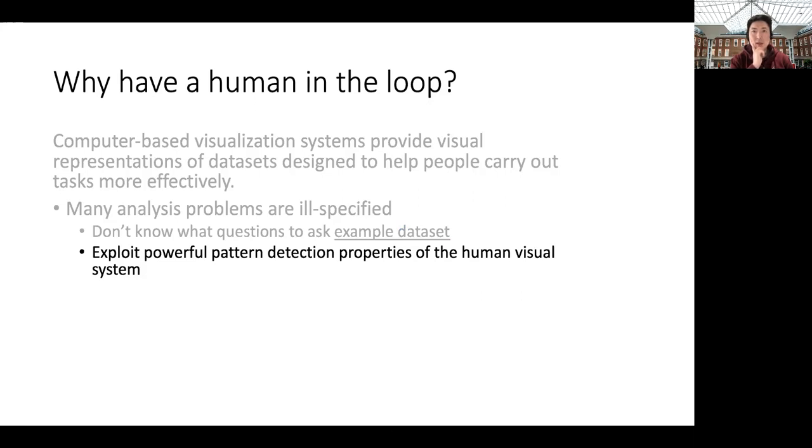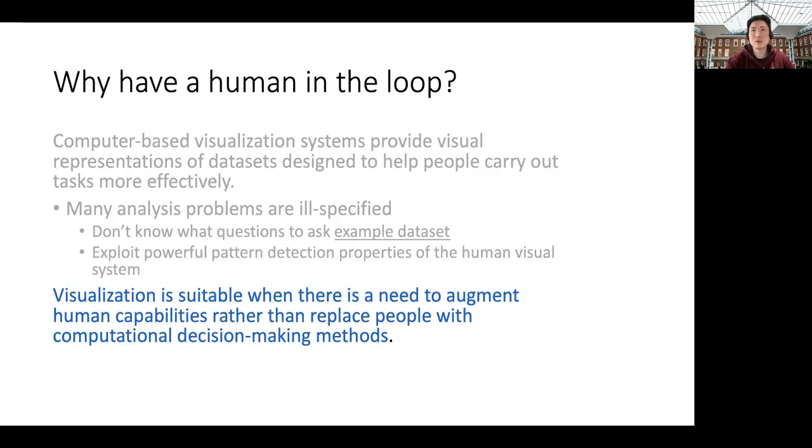The main idea is that when you present the data visually, we use our visual cognition system, which is a fancy way to say our eyes and the part of the brain that processes what we see, to detect patterns. We are good at doing certain things, and we can use that to detect patterns in the data.